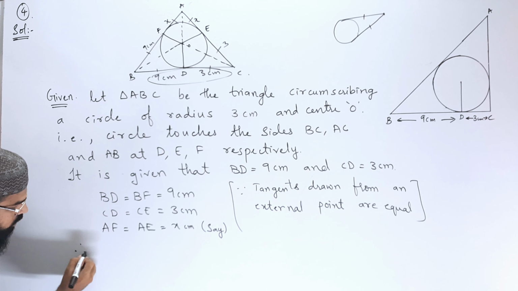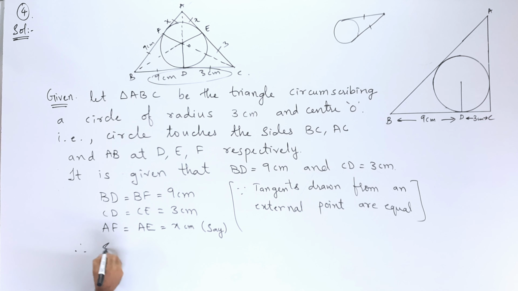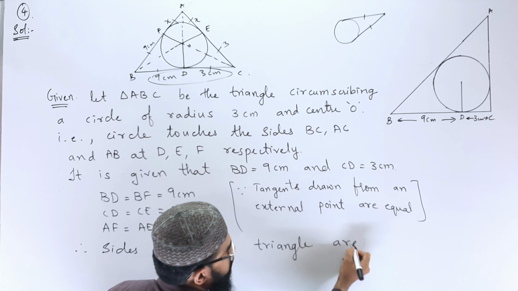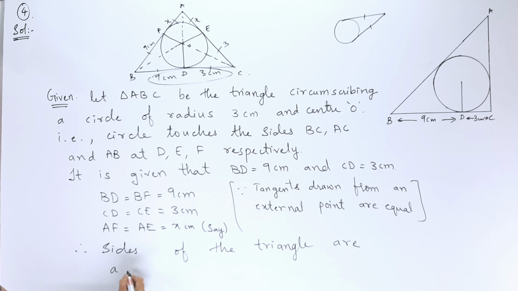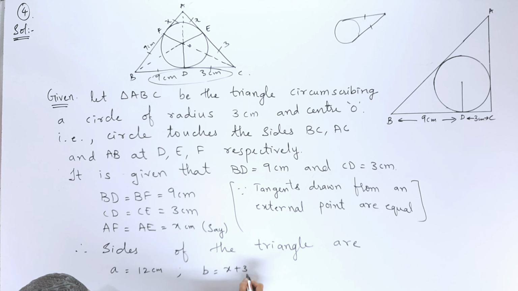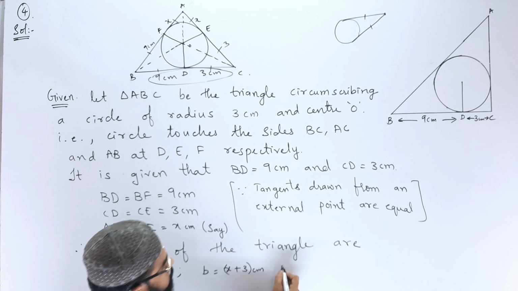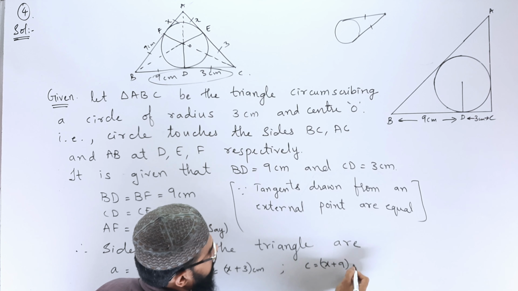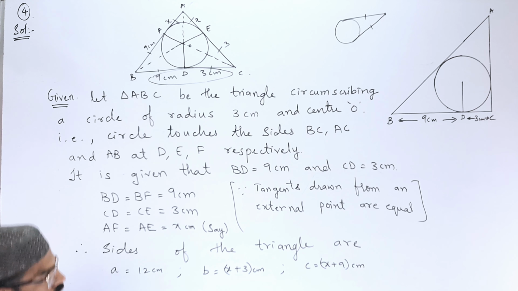Therefore the sides of the triangle are, let the first side be a. So a is 12 centimeter, b is x plus 3 centimeter, and c is x plus 9 centimeter. So these are the sides.